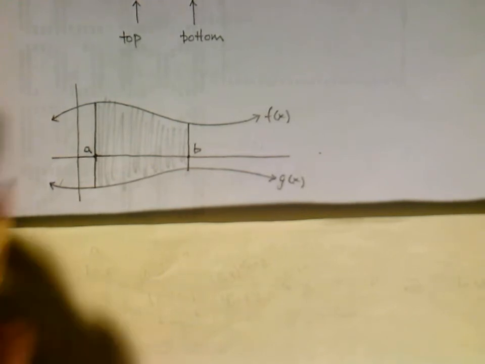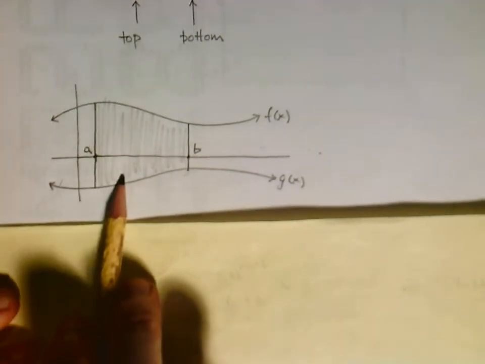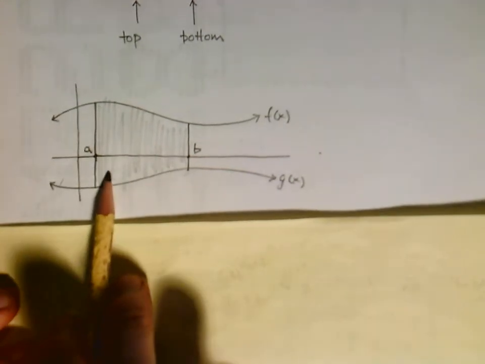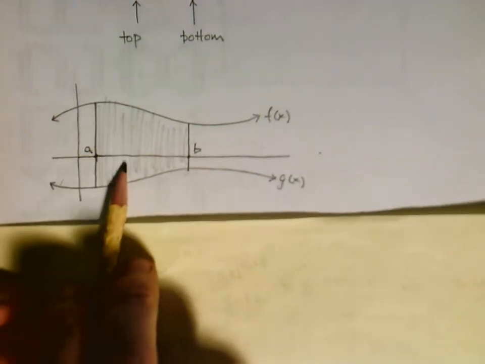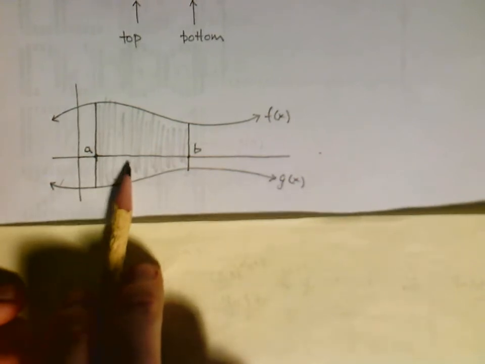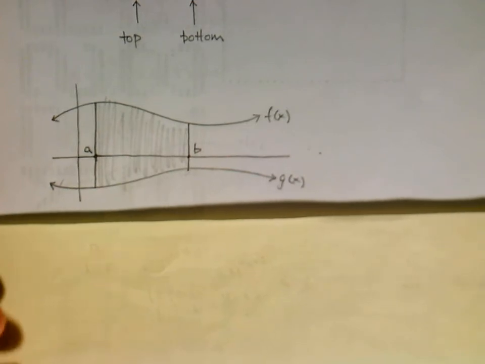Yes, we should add. However, when you calculate area underneath the x-axis, it comes out to be negative when you do the definite integral. So in order to add, if it's negative, you actually want to subtract, because you want to subtract the negative so that you end up adding.